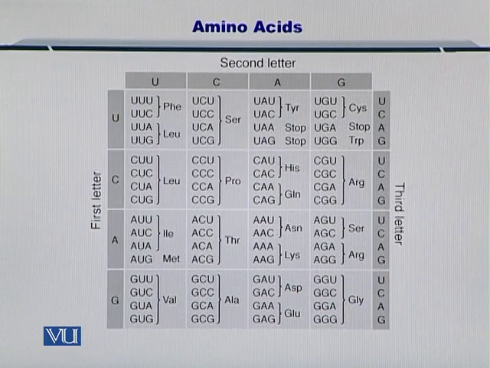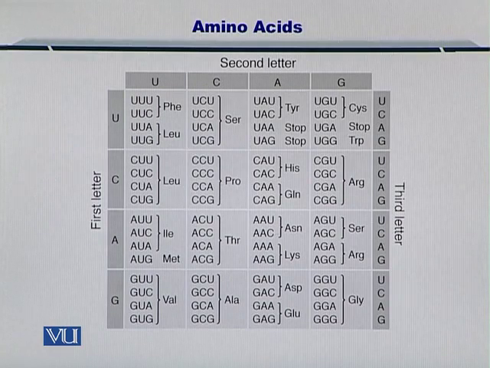Next, we will see which codons are going to code which amino acid. As you can see here, if in an RNA molecule you have UUA or UUG in the sequence, then leucine, that is the amino acid, will be coded.